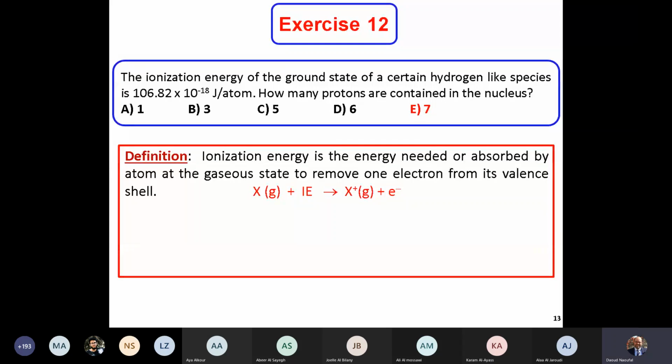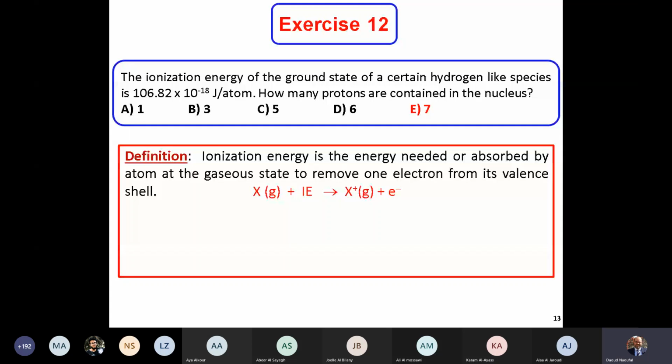The ionization energy, by definition, is the energy absorbed by the atom in the gas state to remove one electron from this atom. We have one electron ejected.